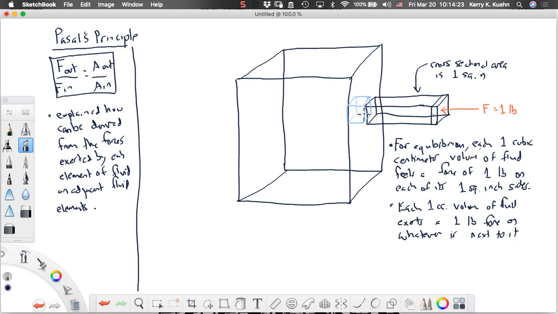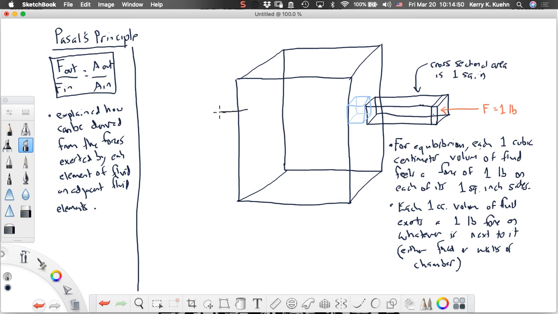So this little piece of fluid right here, that I've drawn in blue, is exerting a force of 1 pound on each fluid element that's next to it. This could be either fluid or the walls of the chamber. Okay, so why is this significant?